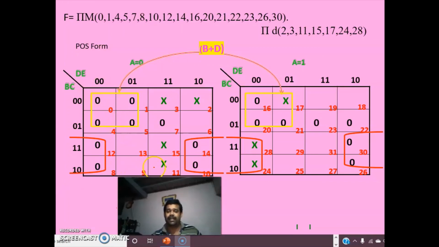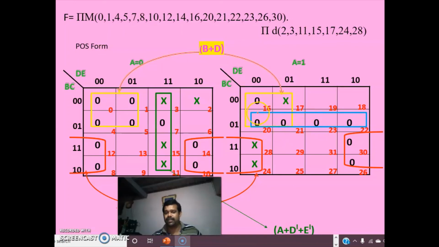Next this is the next identical grouping. Then next these four ones you are grouping. Then these four zeros you are grouping.